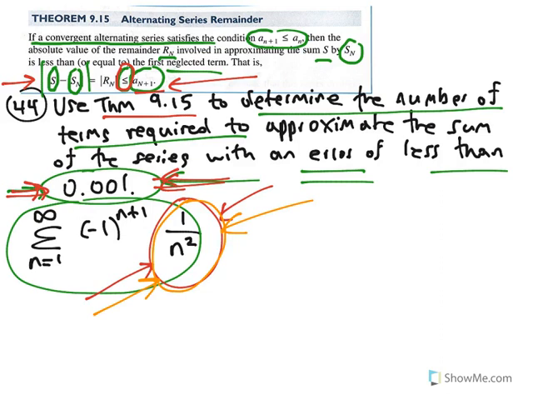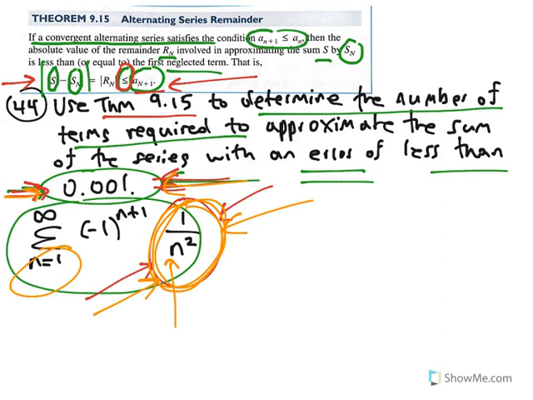You can also enter 1 over x squared, that's fine, and just make a table and see what the values are for different values of n, starting at n equals 1 and going up by 1 each time. Then keep going until you find a value for 1 over n squared that's less than 1,000th, and then you have to add all of the terms before that.